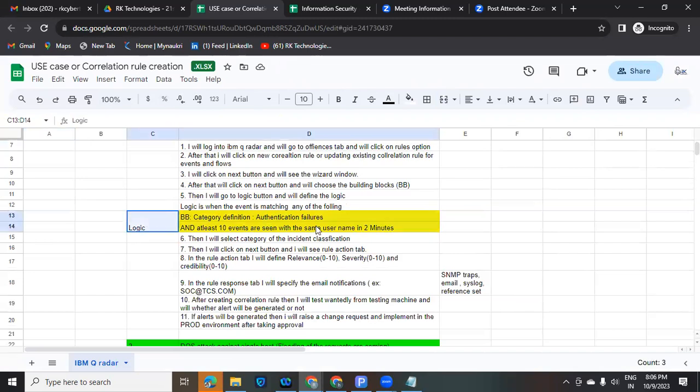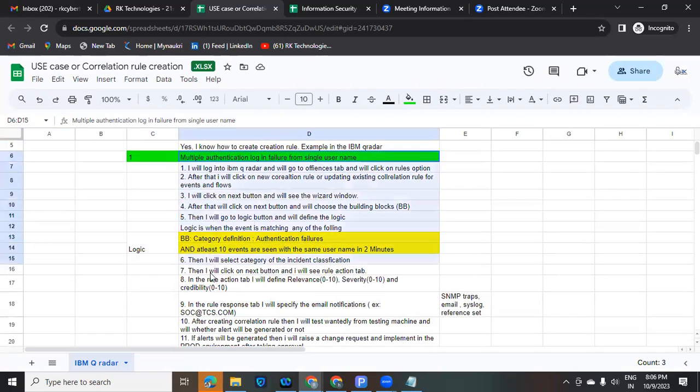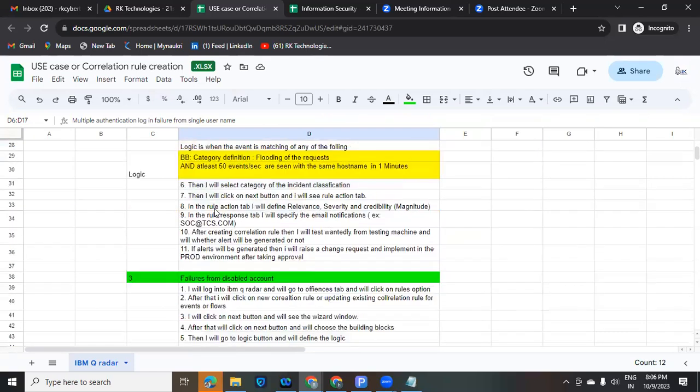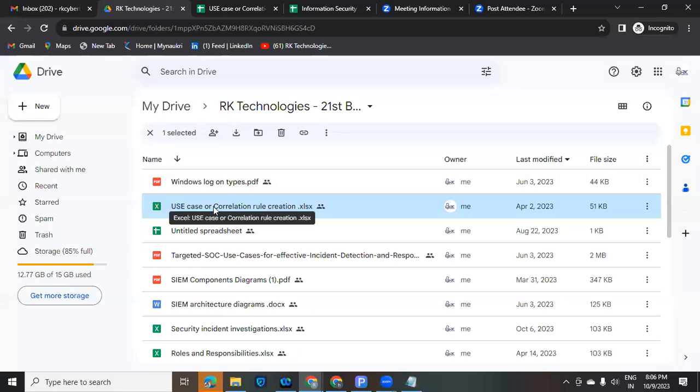This logic is what the interviewer will expect from us. You have to read everything as it is, there is nothing to change. Otherwise, you can explain in your own words also, that is also well and good. So that is the second Excel sheet, the correlation rule creation part.